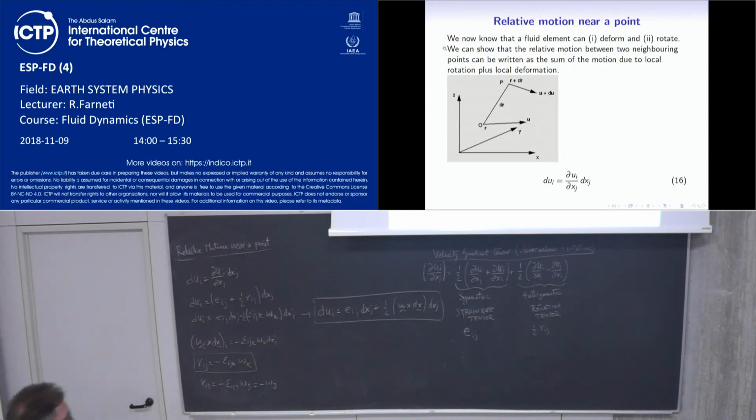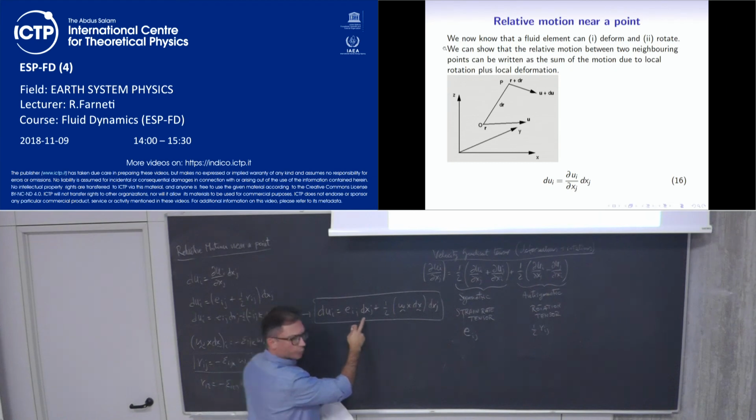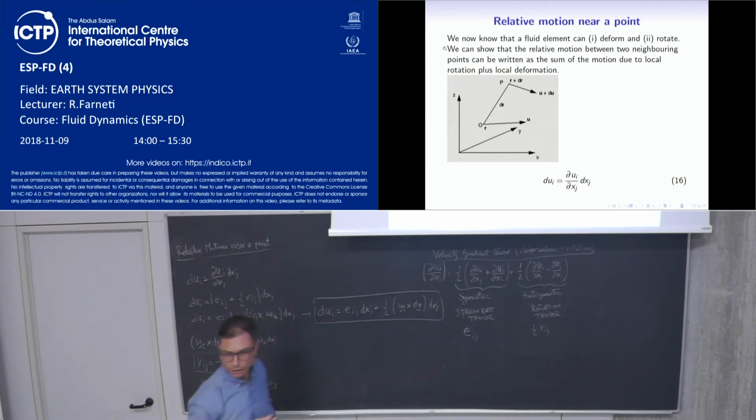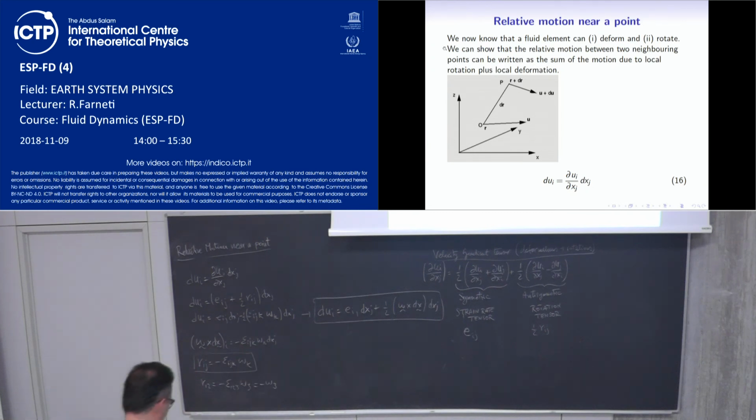So you can express the relative velocity at some point with all the deformations and all the rotations that this particle of fluid has experienced, with the strain rate tensor and the rotation tensor, which we have written now as the vorticity.